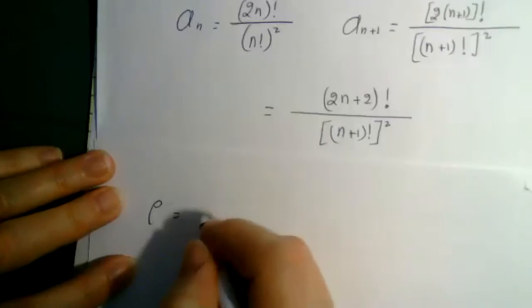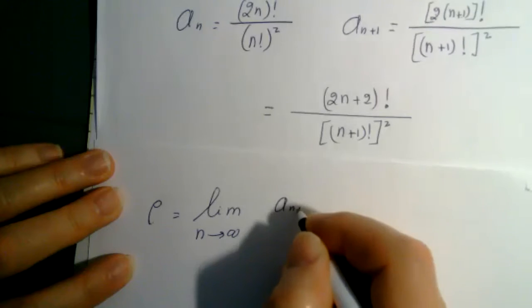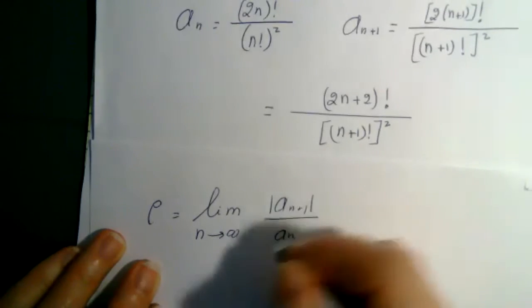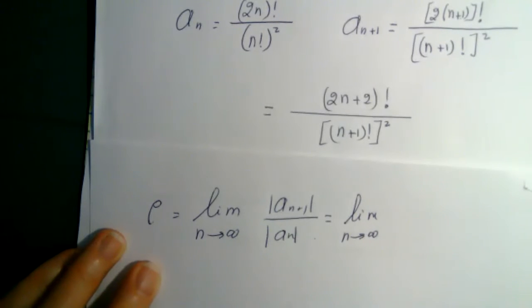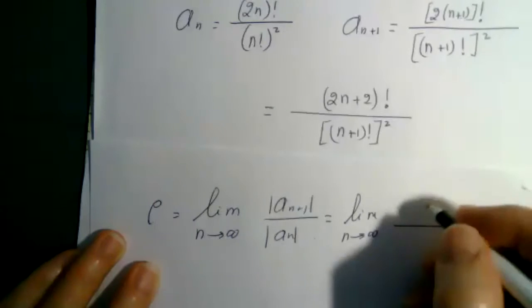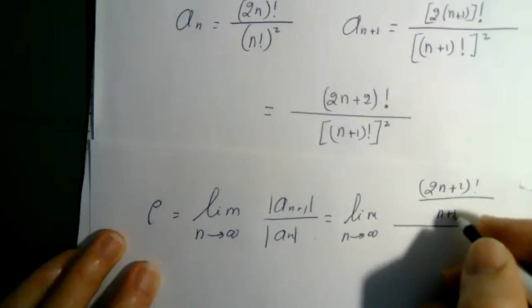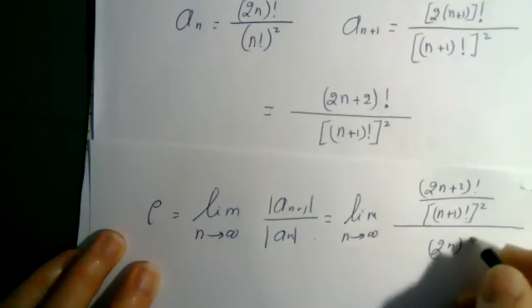So rho is the limit as n tends to infinity of a_{n+1} over a_n. Basically in absolute value, but because all my terms are positive, the absolute value didn't matter. So that's the limit as n tends to infinity of n plus 1 factorial squared divided by 2n factorial over that.